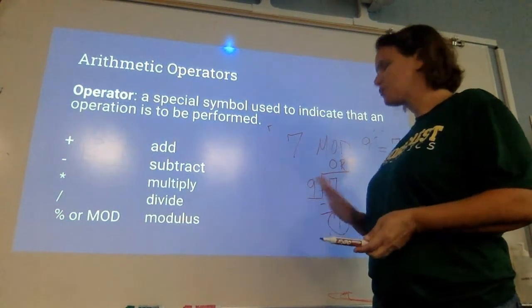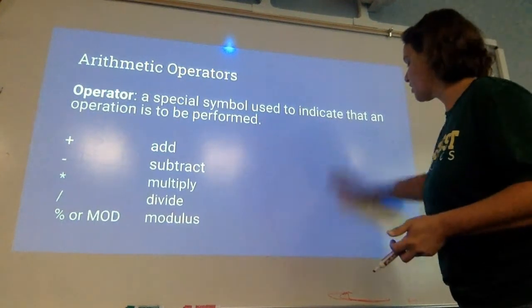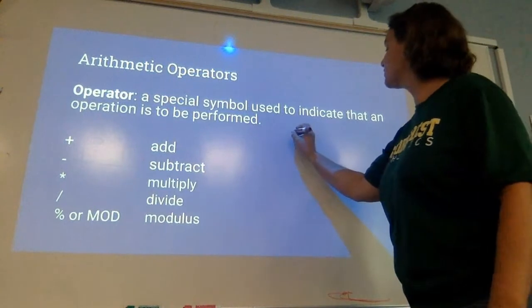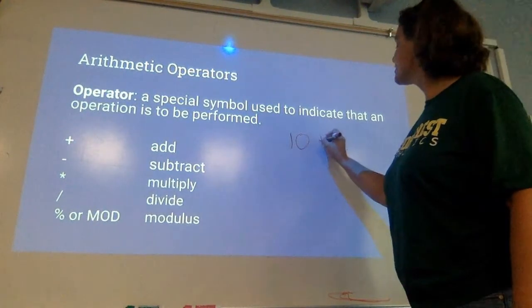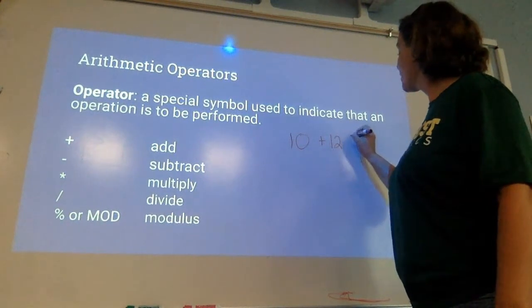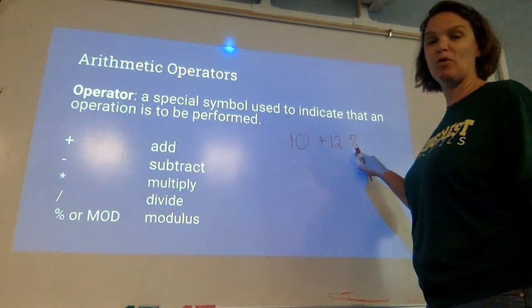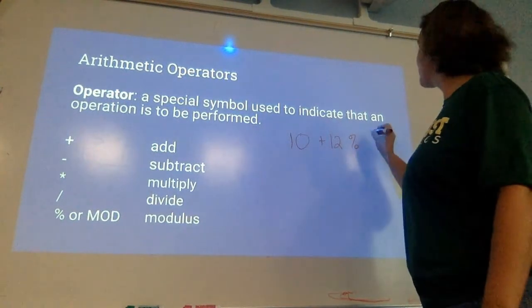Now, how does this work when it's complicated and in an expression? Say I have the expression 10 plus 12 modulus 5 times 3. Remember, I can use the percent symbol in some languages and MOD in other languages.